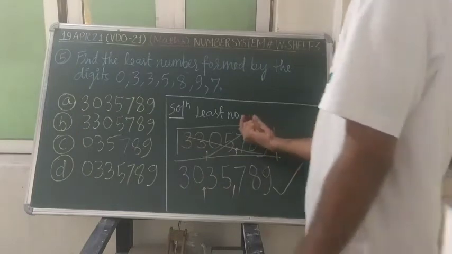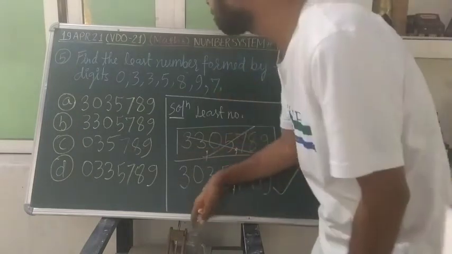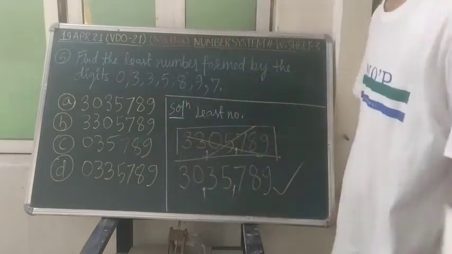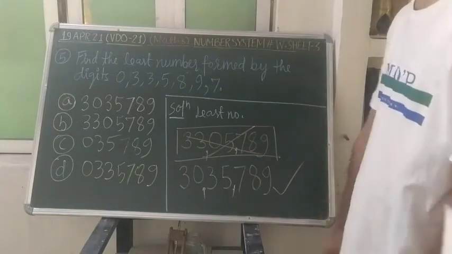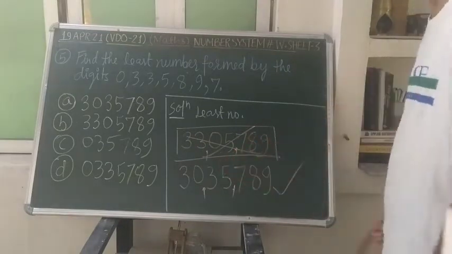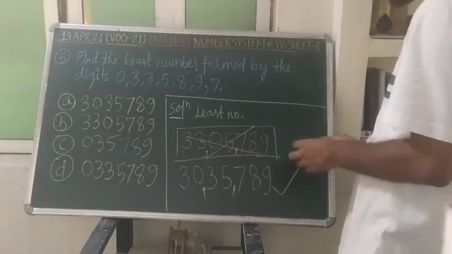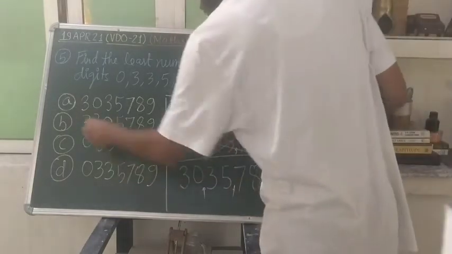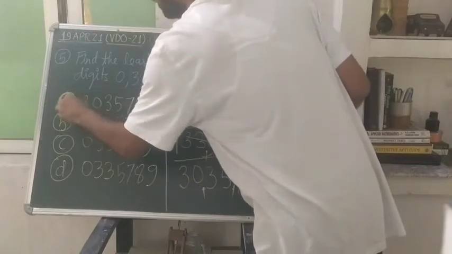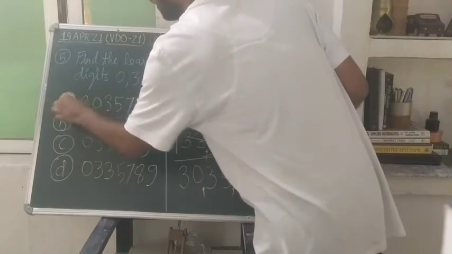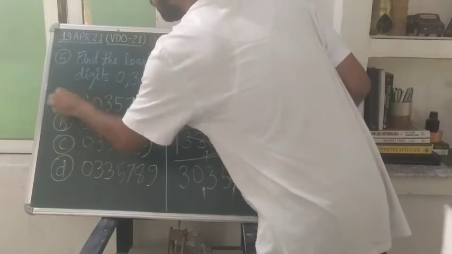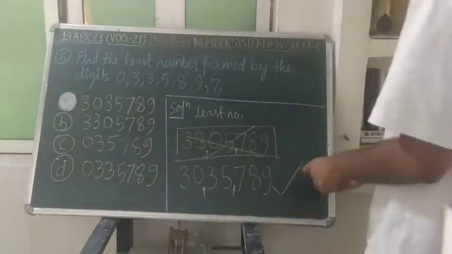So while selecting the first digit, immediately we will put the 0, and that will give us the least number. And you are looking at which one is matching here. This 3035789, the third one is matching, A1 is matching. So the third one is our answer, A. Okay.